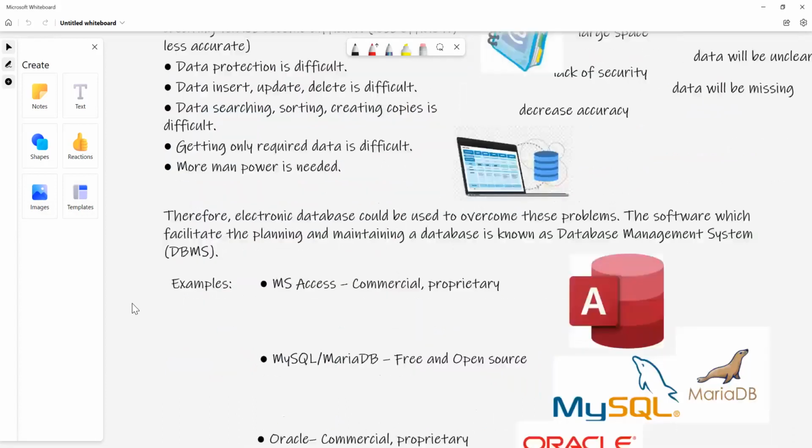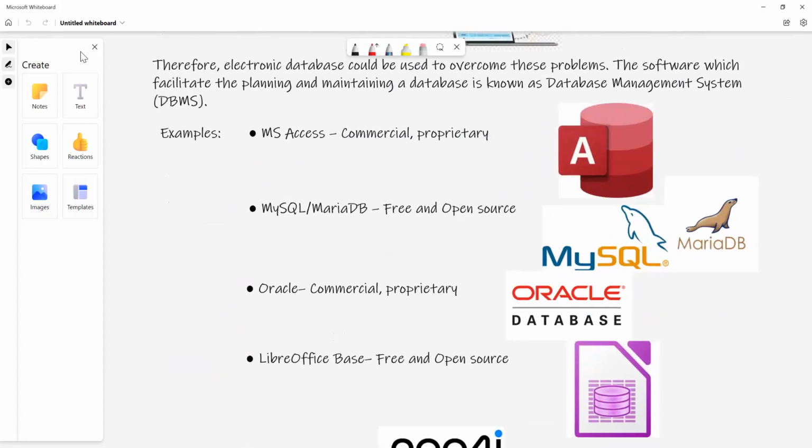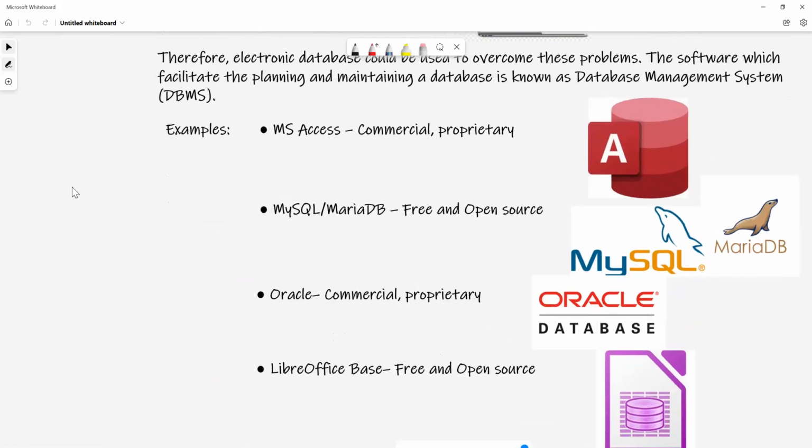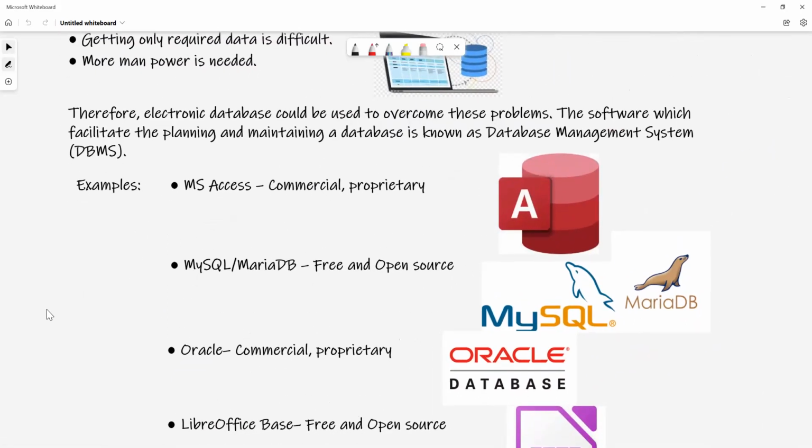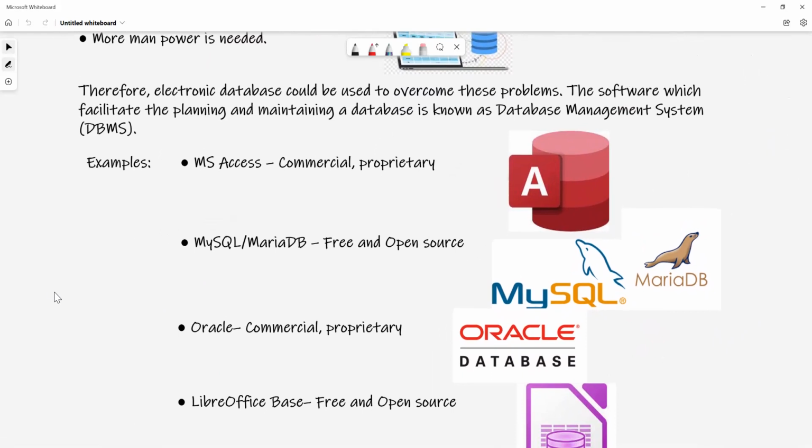And the software responsible for doing this is called database management systems.